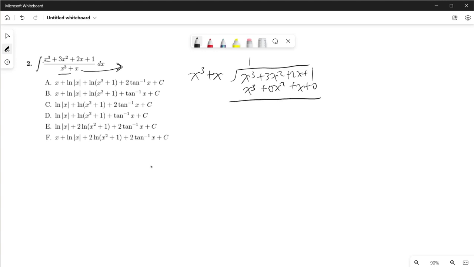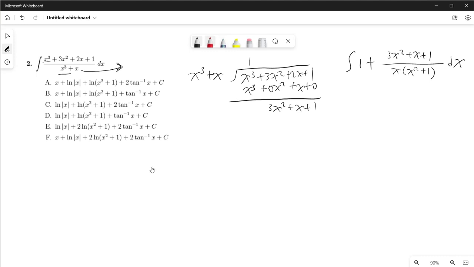Right, then the remainder would be 3x squared plus x plus 1. And then I'll have a 1 outside. So what I have here now means that it's just the integral of 1 plus 3x squared plus x plus 1 over the factored form, x times x squared plus 1, dx.